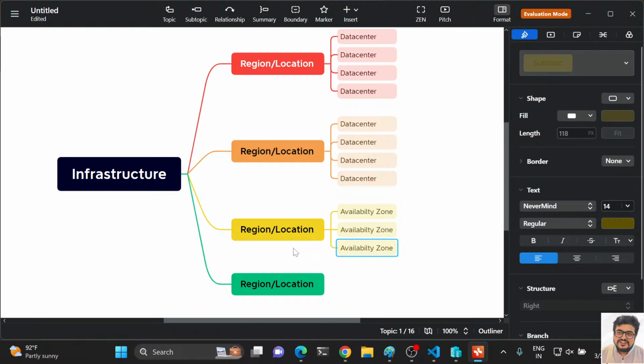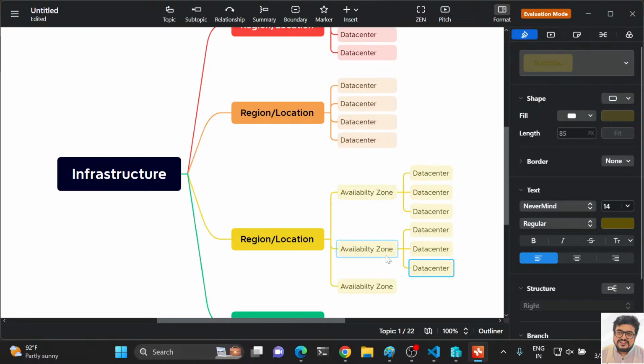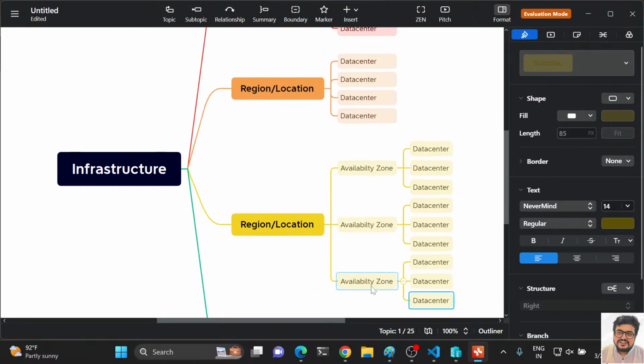In the same way, once they identify a location, in that location they have at least 3 different places where you will have data centers. Between one availability zone and another, it will be at least 30 to 60 kilometers away from each other.